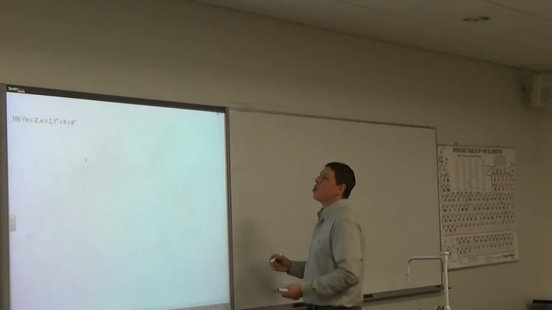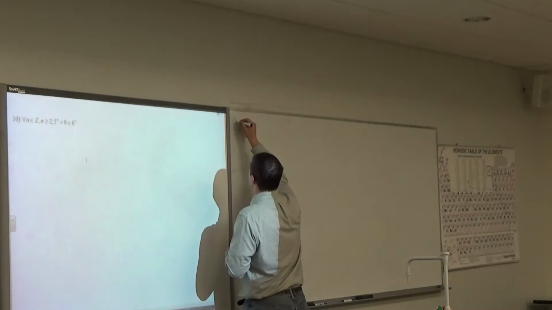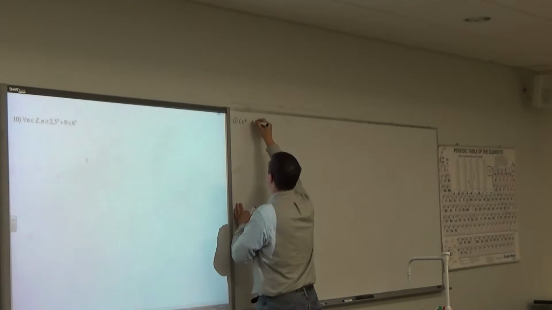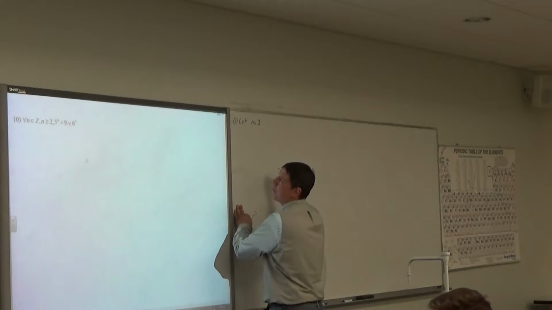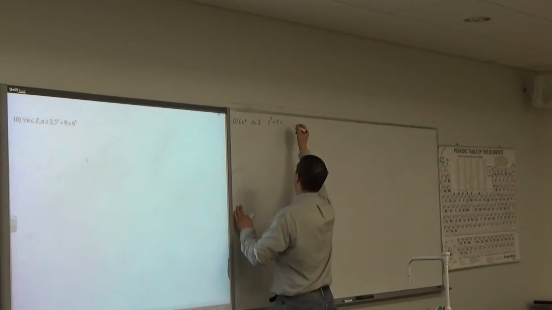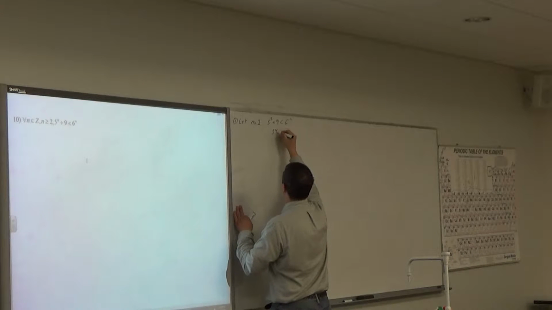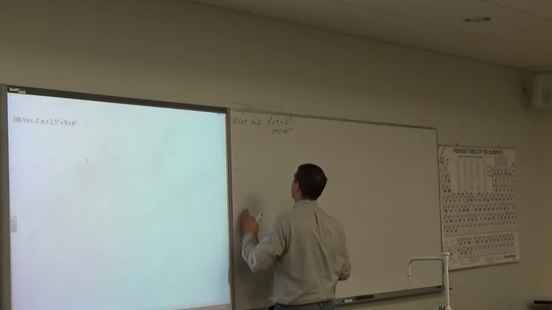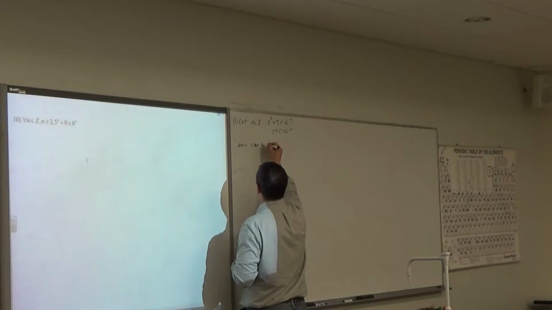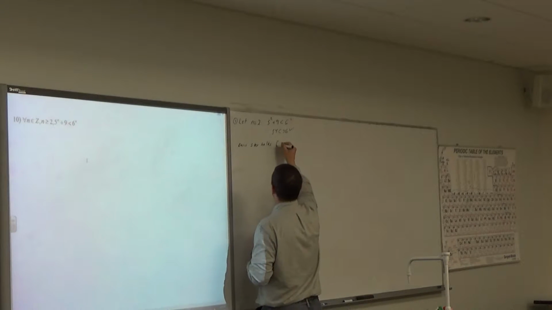Okay, so let's go ahead. We'll do the easy stuff first. Let n equal 5. So we get 5 squared plus 9 is going to be less than 6 squared, or in other words, 34 less than 36, which is true. Basis step holds for small values of n.